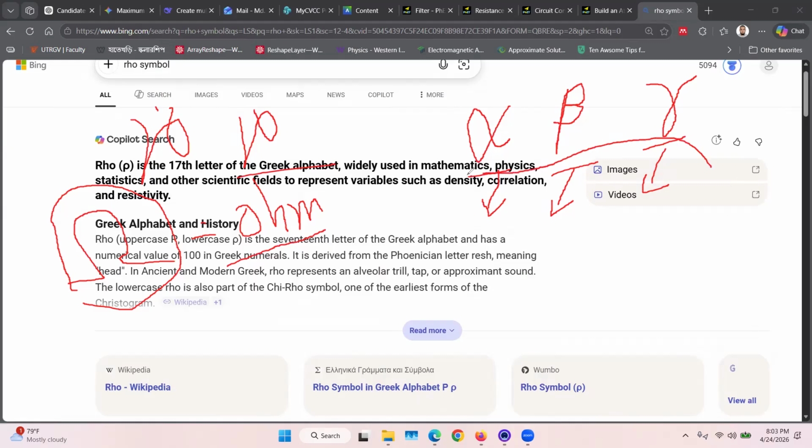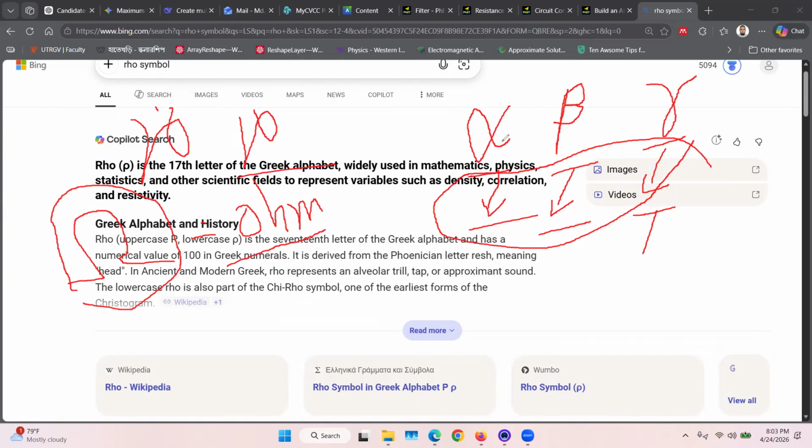Those are all light actually, but their energies are different. They are all electromagnetic waves, and gamma has the highest energy. This sign is called gamma, this sign is called beta, this sign is called alpha.